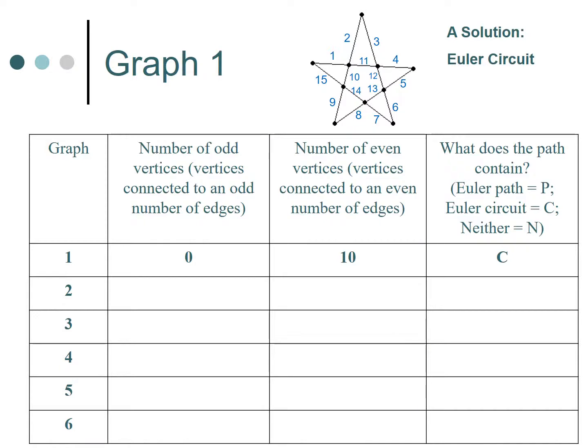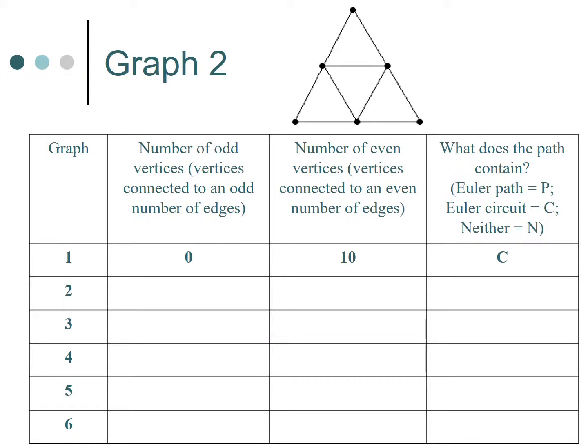Don't let the fact that it looks like the lines are straight trick you into thinking that there's 2. There are actually 4 lines that go into each point, looking at it as line segments. So 4 is an even number, so all 5 of those are also even. So there's a total of 10 even vertices and no odd vertices.